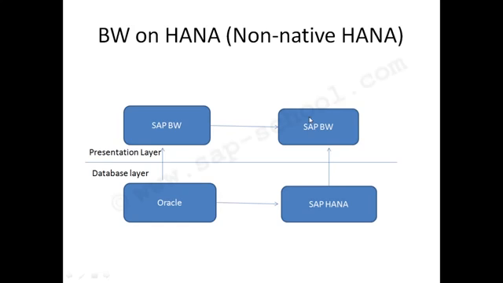So all your BW models will be there, but you're just using the HANA database, which is a much better database than the regular databases, and you still use your BW as well for your modeling and reporting purposes. So this is a small scenario for non-native HANA.